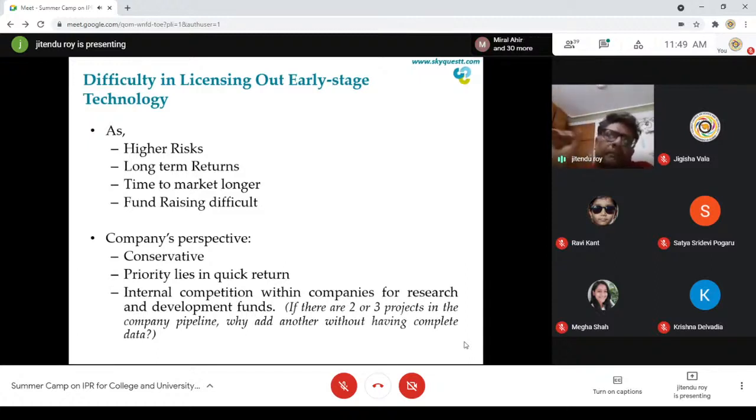And this had to be printed on every insert and pack which Pfizer had to sell. And also, while Pfizer had to educate the doctors, they also had to mention this to the doctors.